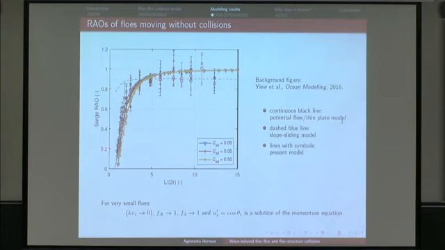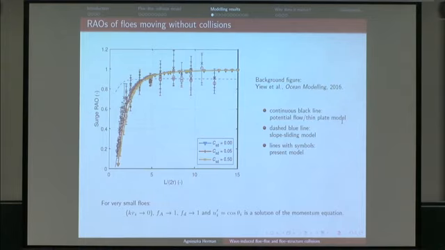This one is showing the results of the slope sliding model, and as we see, it is not sensitive to the size of the ice floes, and there is a black continuous line which passes through the data points very well. It is the result of the potential flow model, and I added 3 curves on top of that, showing the results of the present model for 3 different values of the drag coefficients.